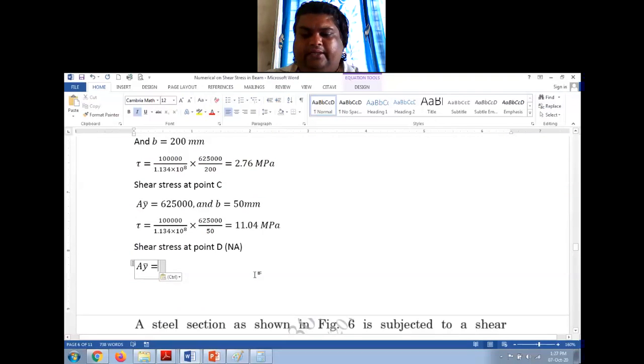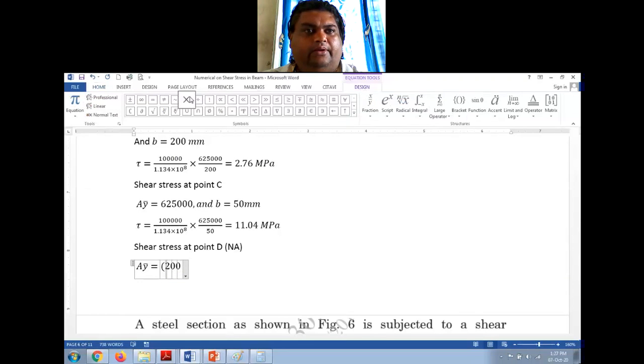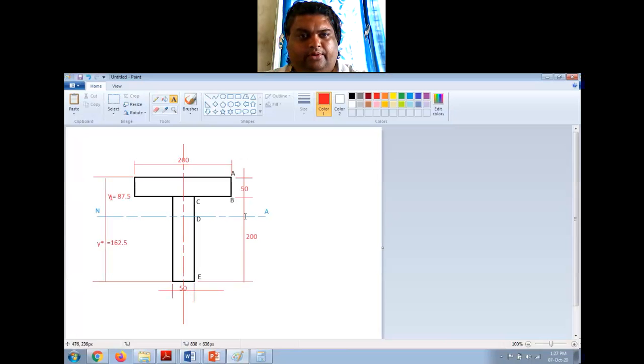So the top rectangle is 200 by 50 into this distance, 87.5 minus 25.